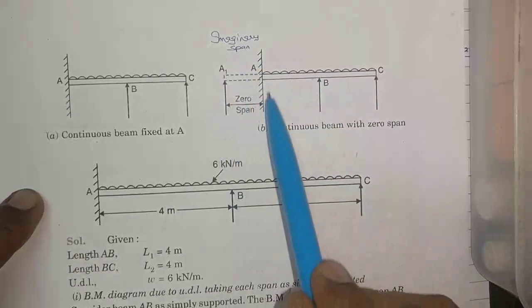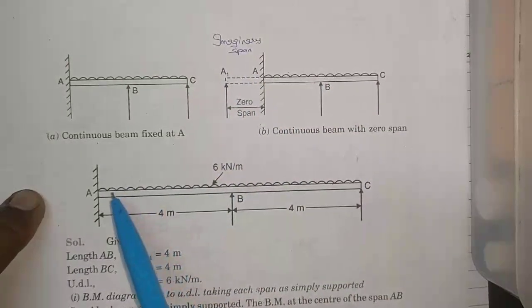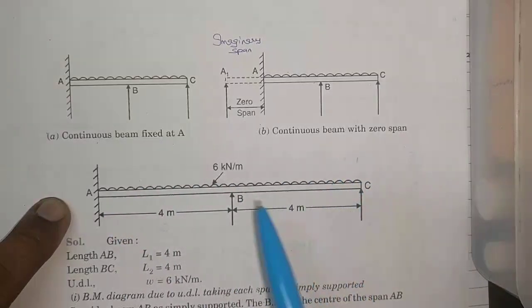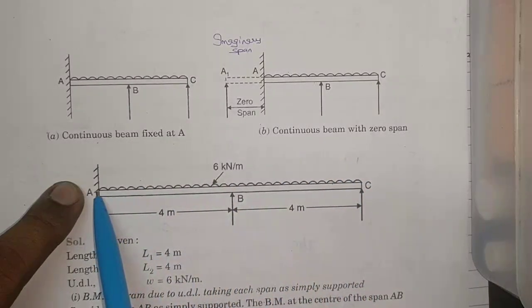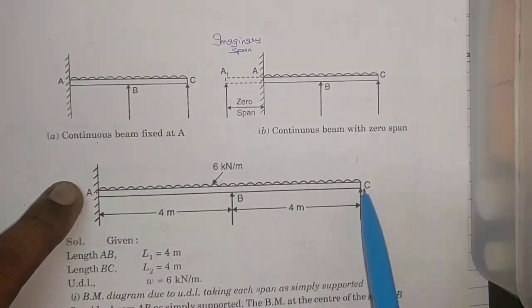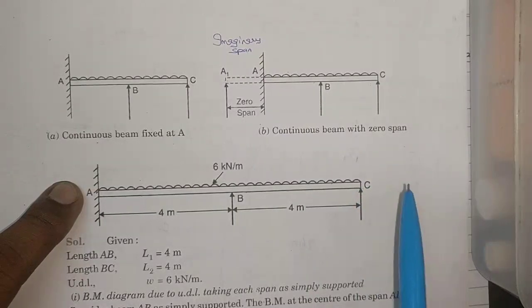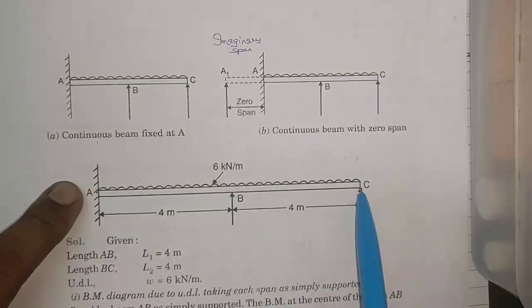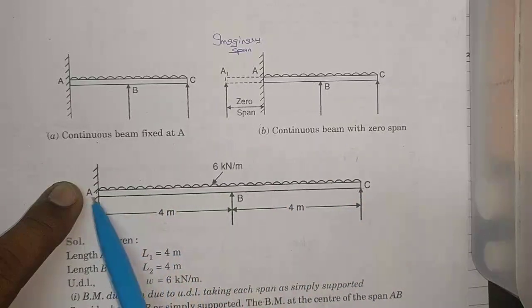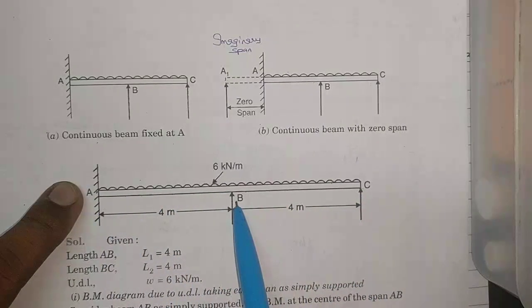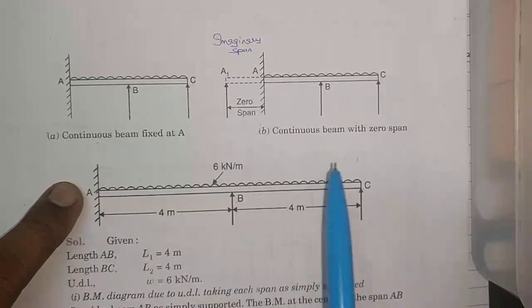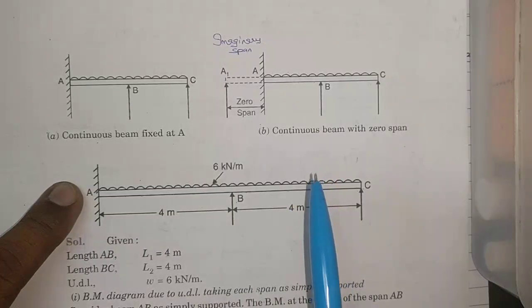For this type of problem we have two unknowns, MA and MB, because at C we know the moment is 0. For two unknowns we need two equations.